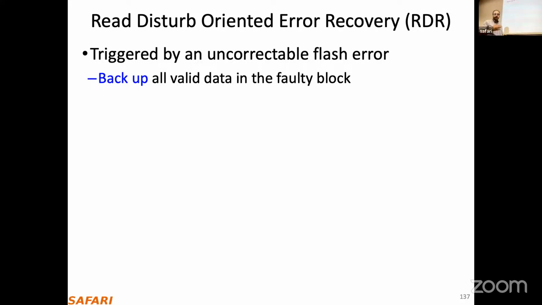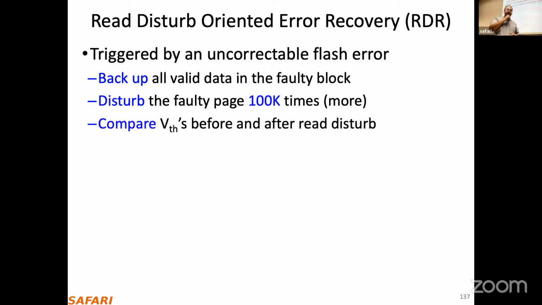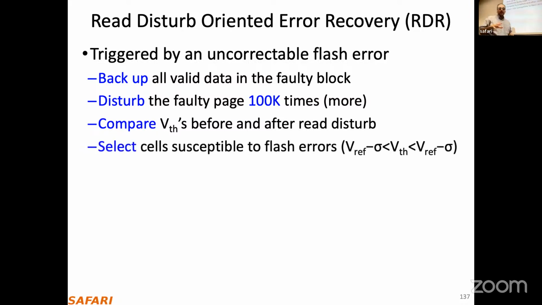We back up all valid data in the faulty block, and then we disturb the faulty page 100K times or more. Then we compare the threshold voltage before and after we disturb.